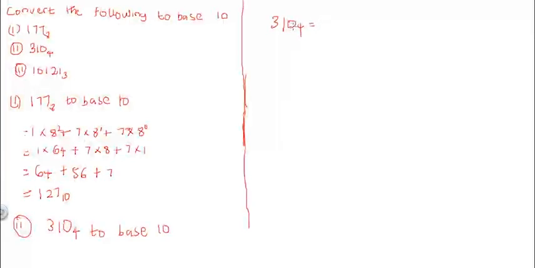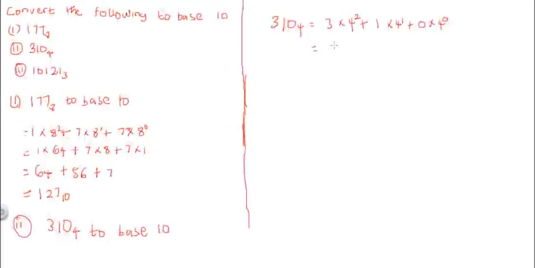So we're going to be multiplying the 4 with each of these digits, with increasing powers from our right to our left. So we have 3 times 4 plus 1 times 4 plus 0 times 4. So this is 4 raised to power 0, 4 raised to power 1, 4 raised to power 2.